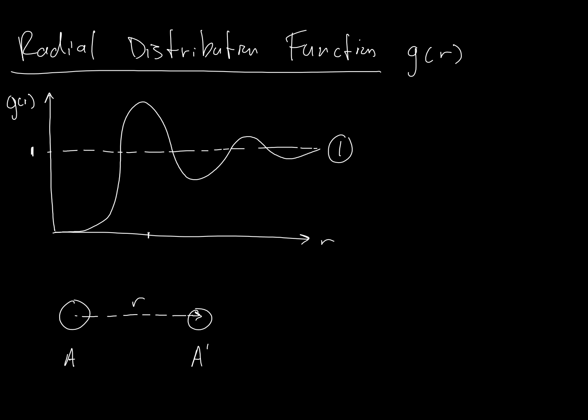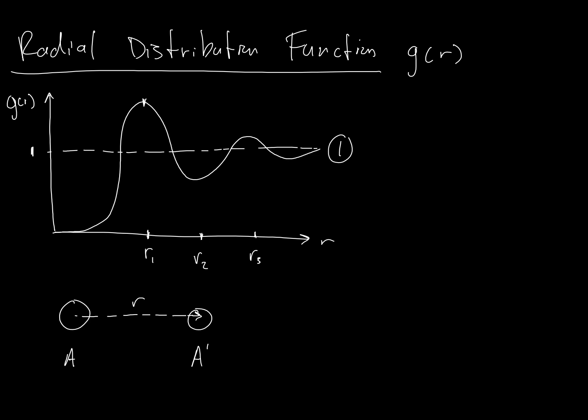So what we're seeing here is that you have a high likelihood of finding particles at whatever this separation distance is, I'll call it R1, a lower likelihood at R2, more likelihood at R3, and so on and so forth. And so with the information in the radial distribution function, you can determine basically the structure surrounding every molecule in the system.